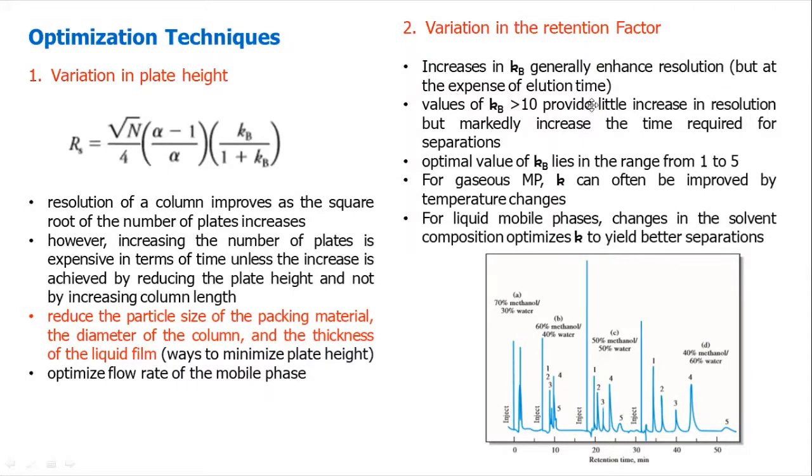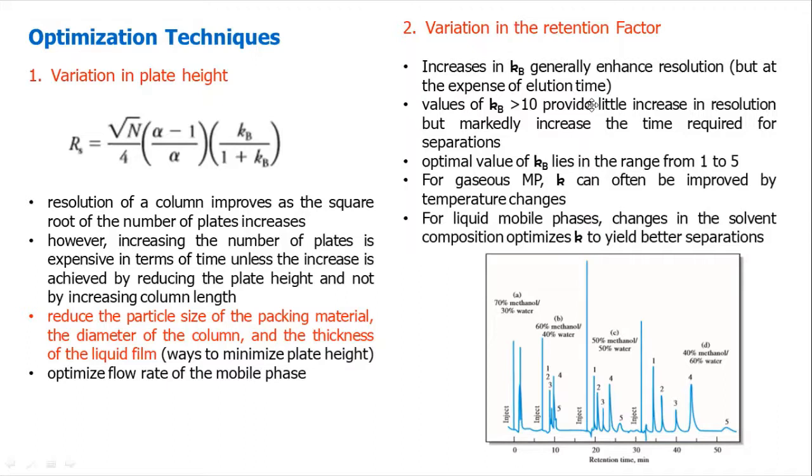Next, or number two, is the variation in the retention factor. So, increases in kB generally enhance resolution. If you increase kB, the resolution is higher, but at the expense of elution time. Again, values of kB greater than 10 provide little increase in resolution but markedly increase the time required for separation.